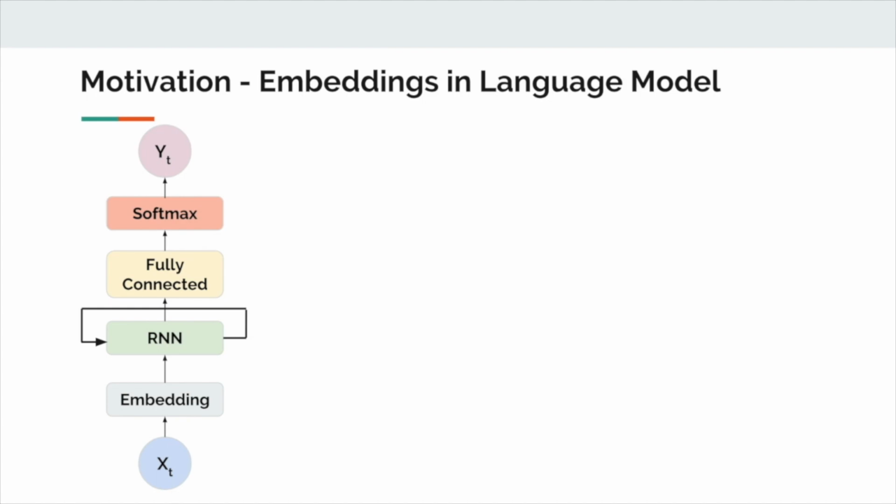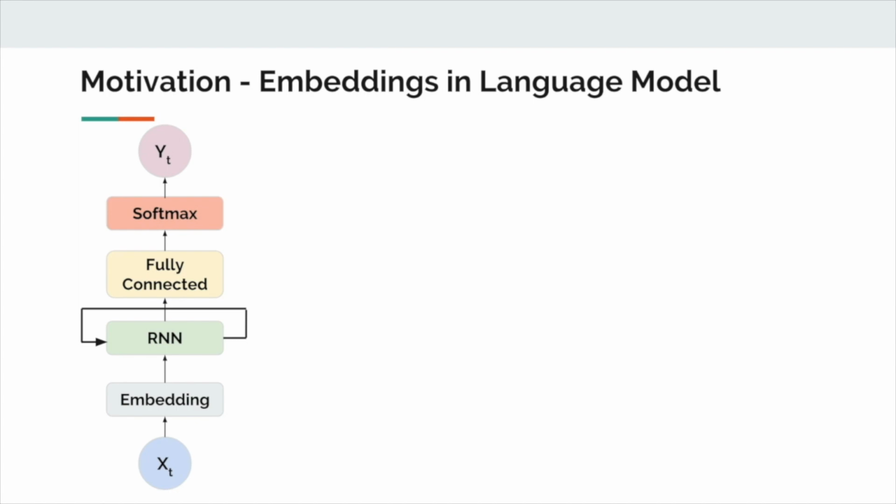Let me give you an example in the NLP domain. So let's say you want to train a language model. So the task is basically you're given the words in history, and you want to predict the next word based on history.